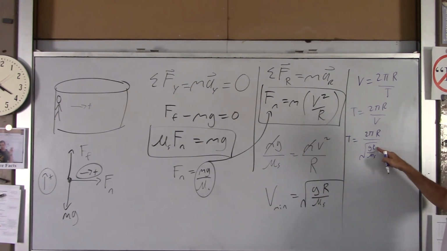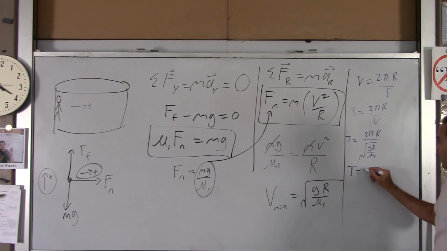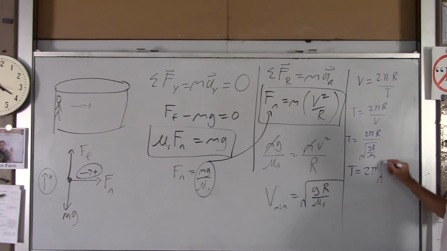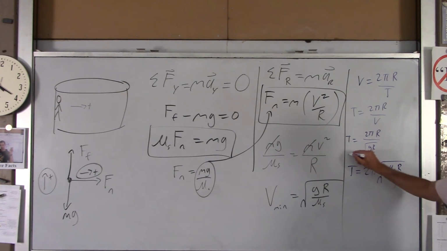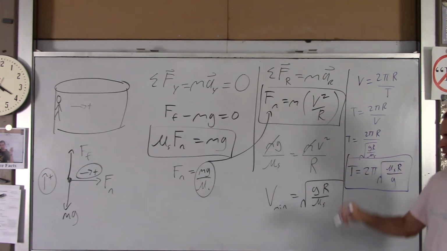You can cancel the square root of r, put that up here, and then the mu sub s goes up there. So T would be 2 pi root, mu sub s goes in the numerator, a root r is in the denominator, and then you got a g down here, okay? So let me just double check that makes sense. Yes, okay, so there is your equation for period if you're going the min velocity.